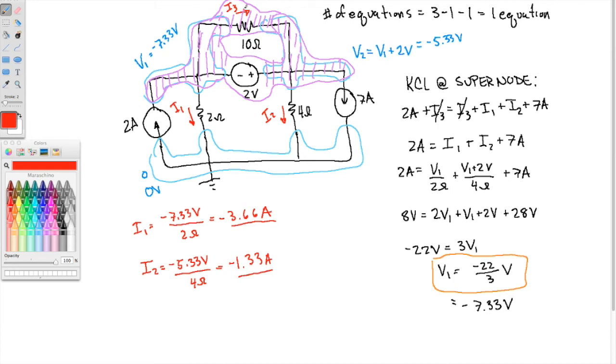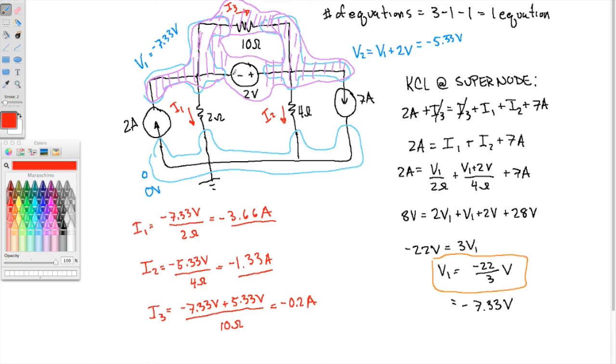And if we wanted I3, that'd be the voltage here on the left minus the voltage on the right, divided by 10 ohms. So that is negative 0.2 amps.